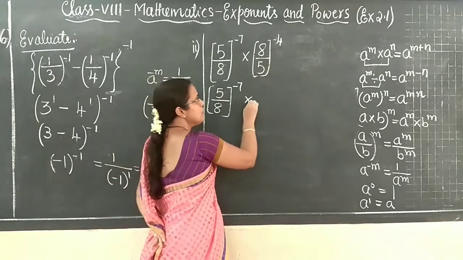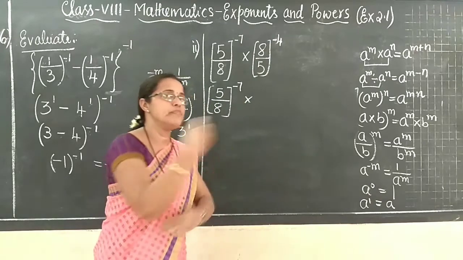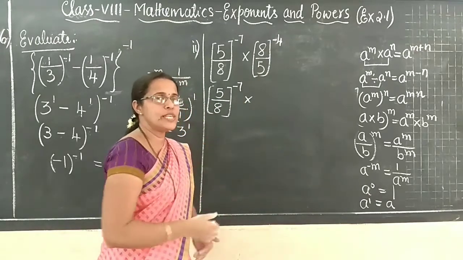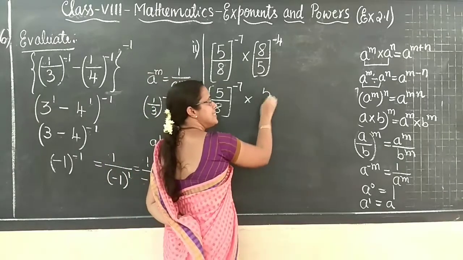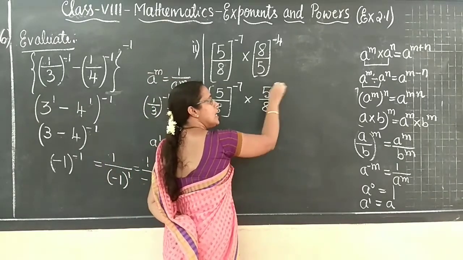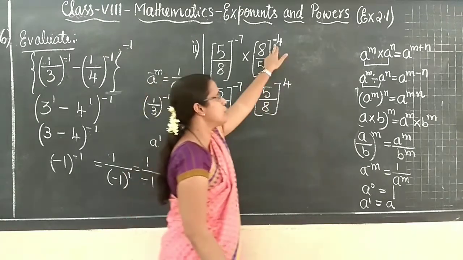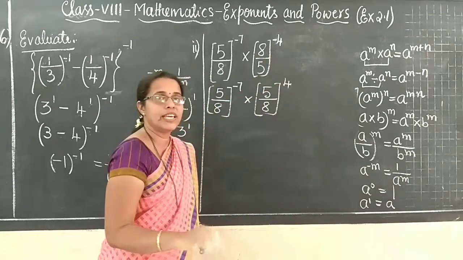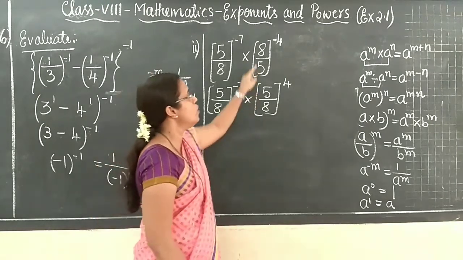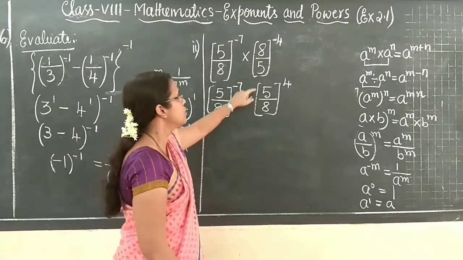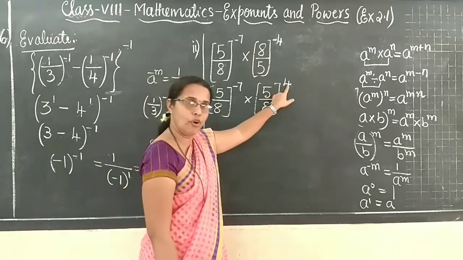Into negative power, as I said, I can do the reciprocal, right? So 8 by 5 will become 5 by 8. Can I write like this? See, 5 by 8 whole to the power 4. Minus 4 went, positive power came. So it is becoming 5 by 8 whole to the power 4.